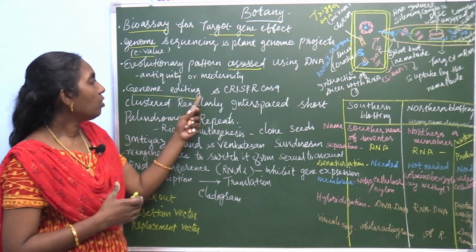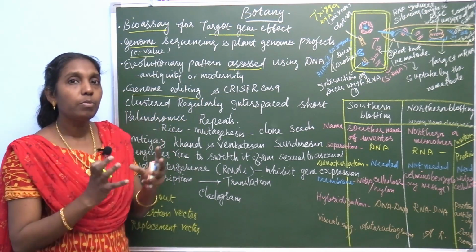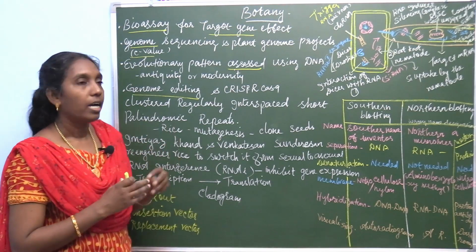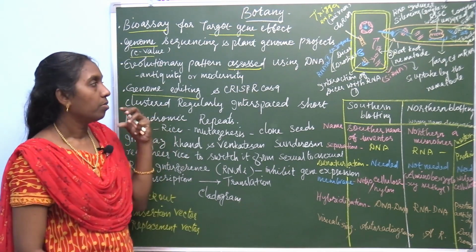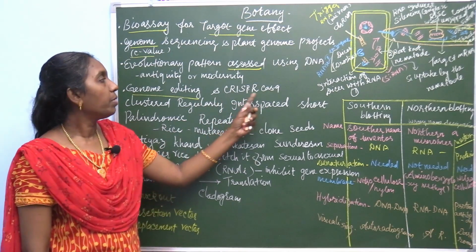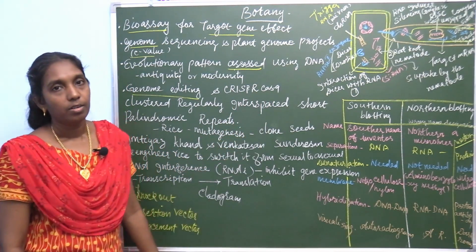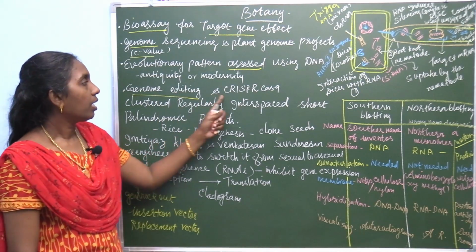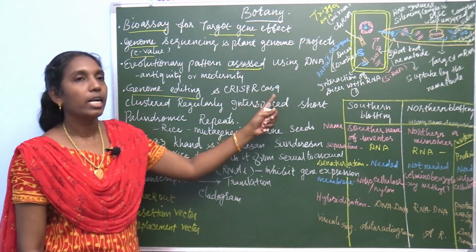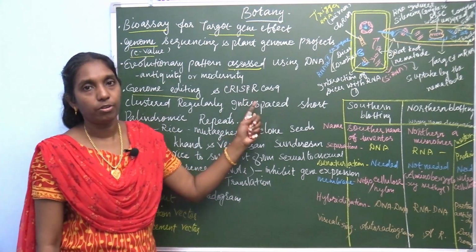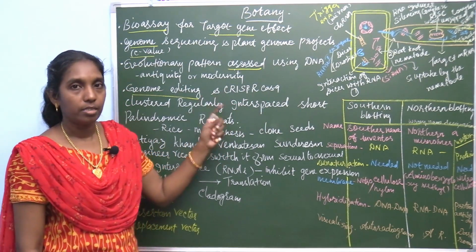In genome editing there are a number of approaches, but a very simple method of approach is CRISPR-Cas9 editing. So the type of editing is CRISPR-Cas9. Learn this. All these terms are new for you, so learn all these terms.